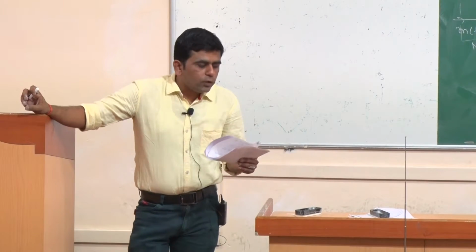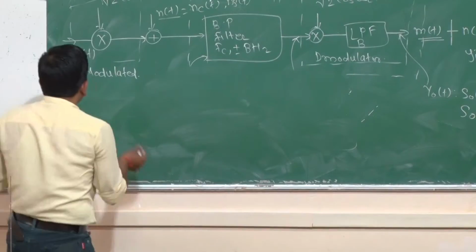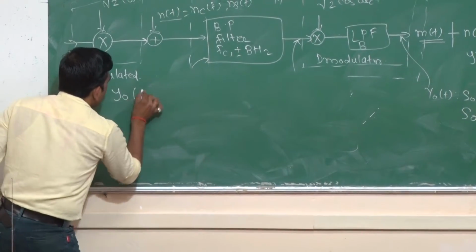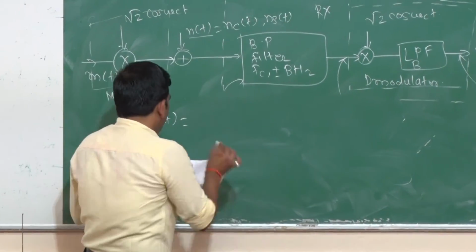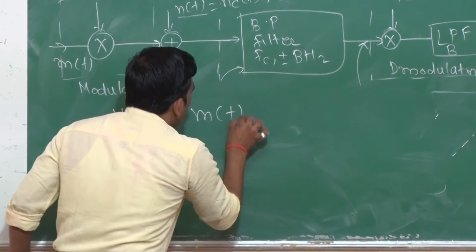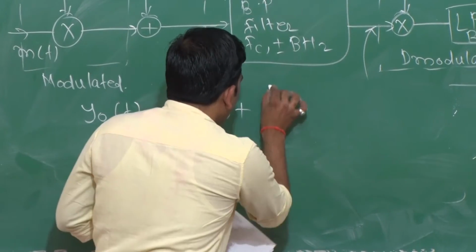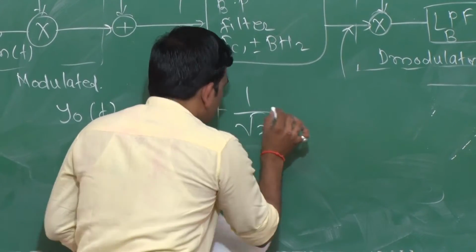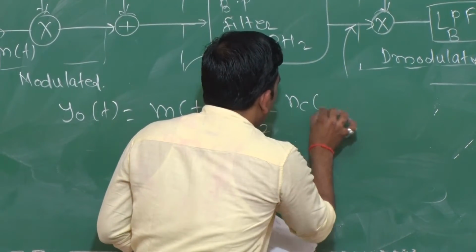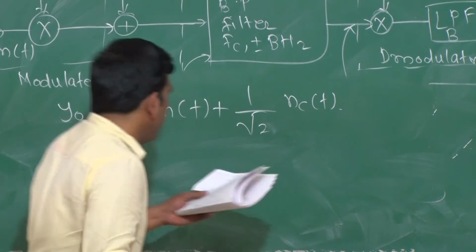So at output, write down y0 of t, that is equal to m of t plus root 2 nc of t.